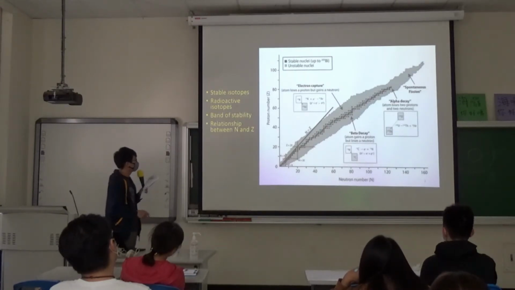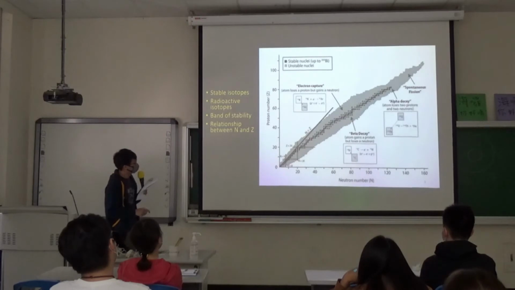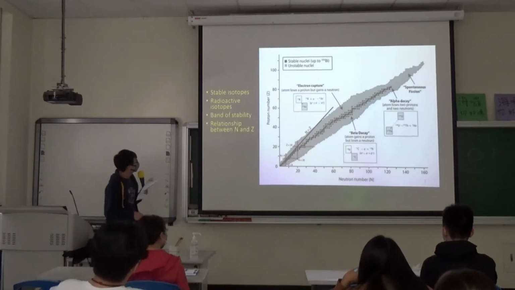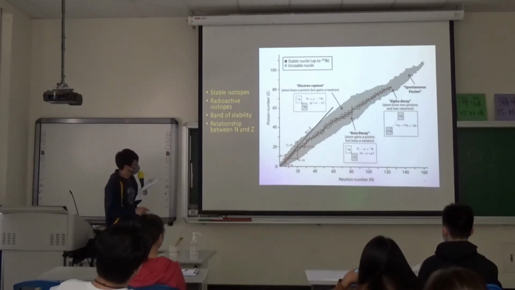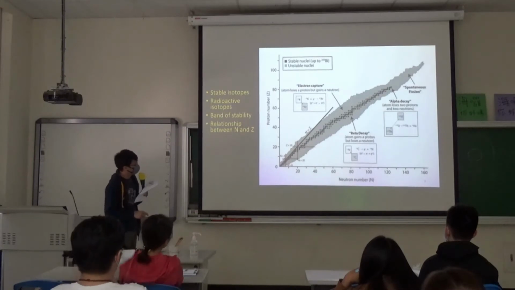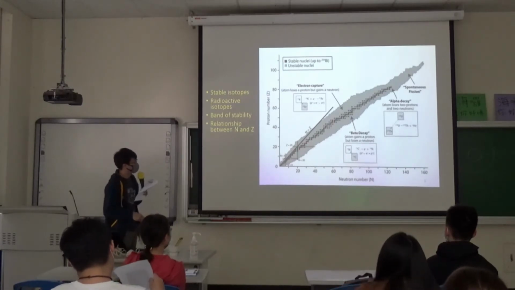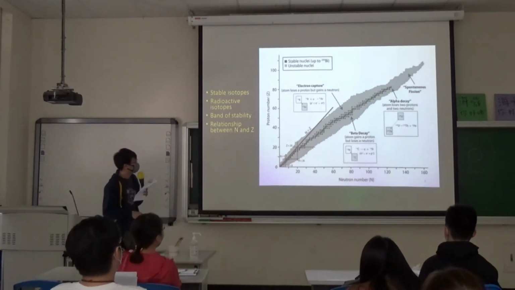Here we see N equal to Z. Along this band, the stable black line, in the beginning they are roughly equal, meaning in hydrogen, helium, and maybe lithium, N equals Z. But going forward, there are more neutrons and not as many protons.